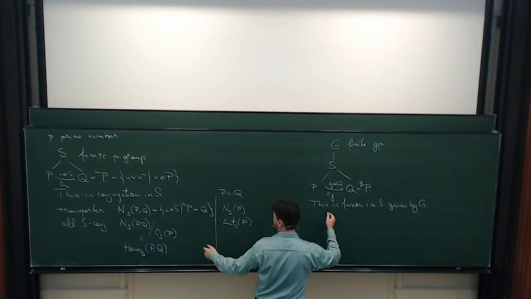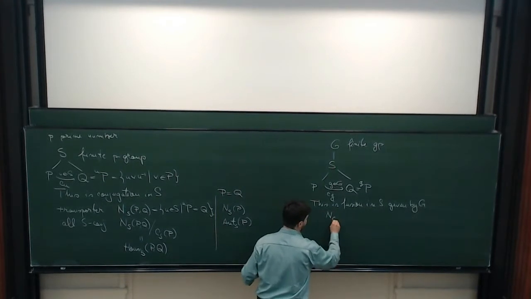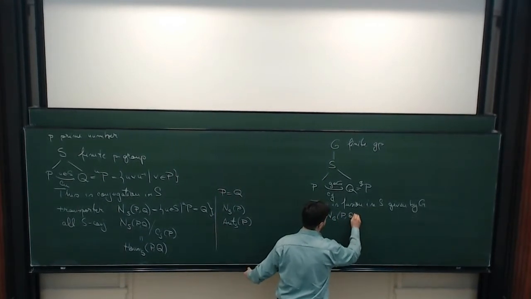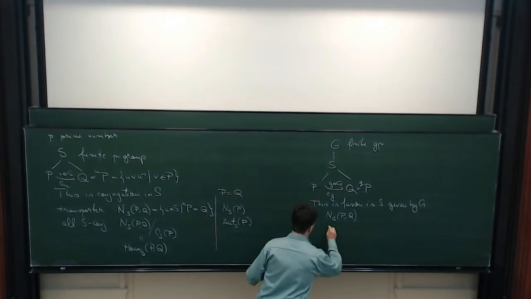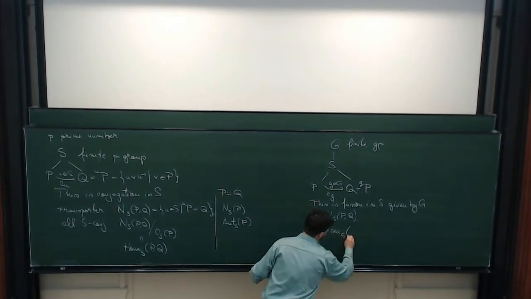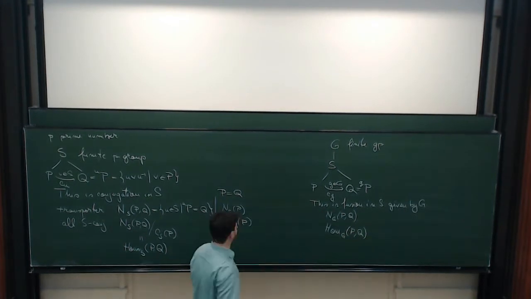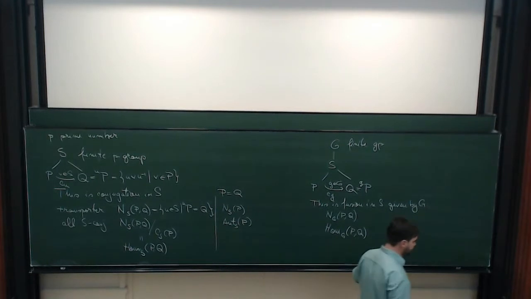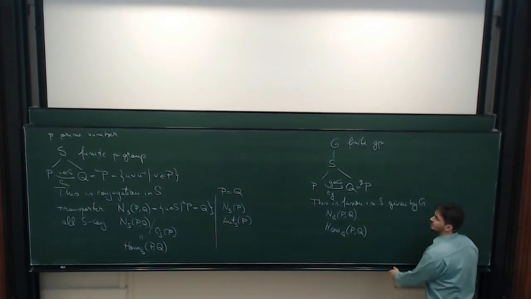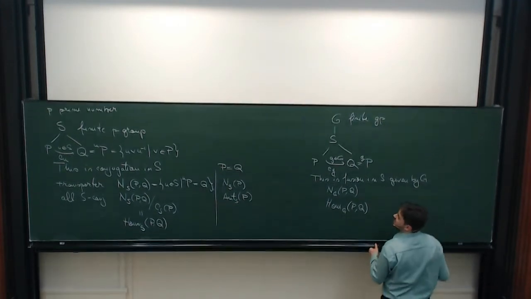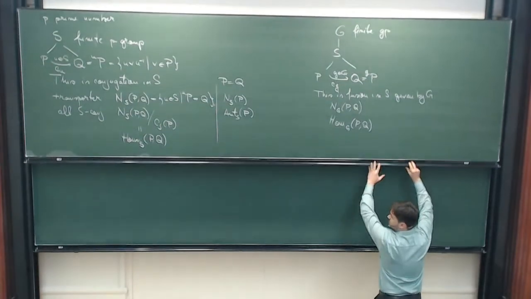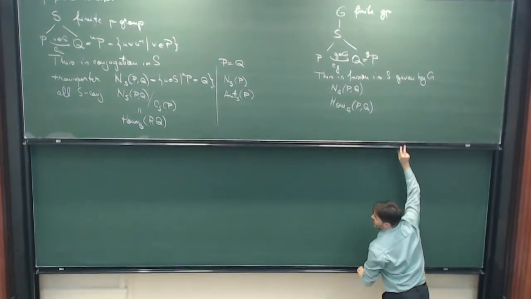So again, you'll have the transporter N_G(P,Q), and you'll have the homomorphisms, the morphisms by conjugation given by G between P and Q with the same notations as before. So you want to capture this information.